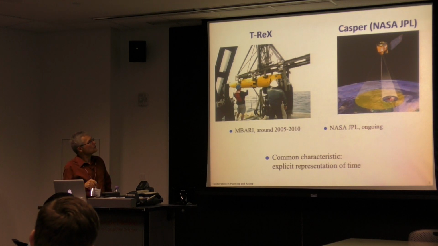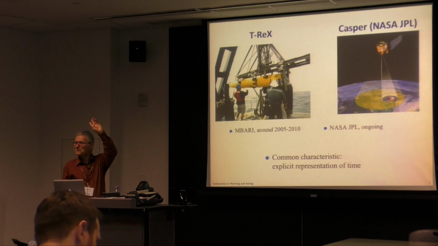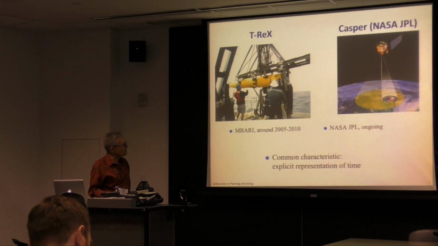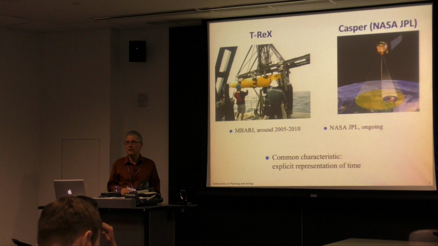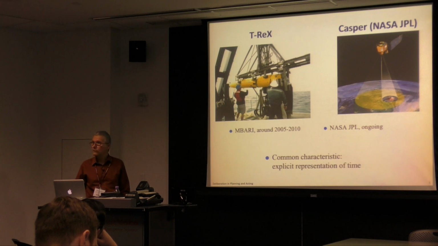And Casper is an ongoing project at NASA JPL, which is going to, actually I don't remember what it's going to do. Does anybody in the room remember? Okay, sorry, that's one part I don't know. Anyway, the point is that the common characteristic of all of these is that they use an explicit representation of time. All right? So I'm going to talk about how to do that.